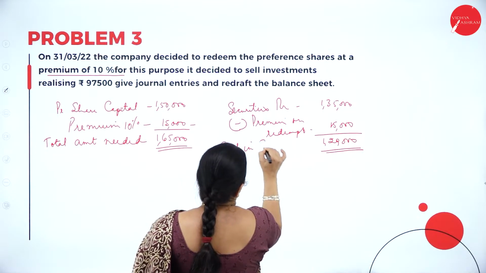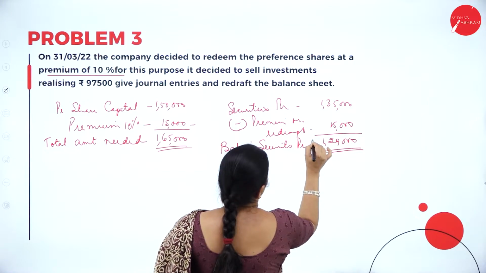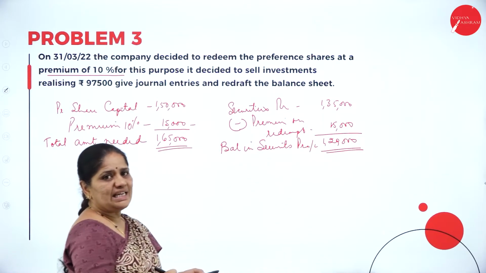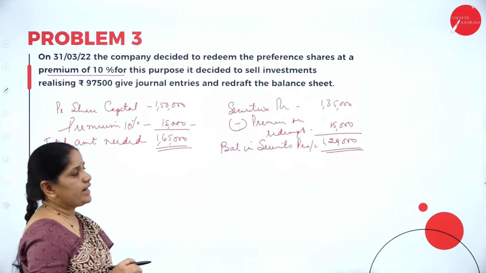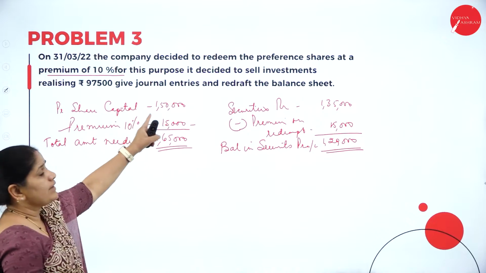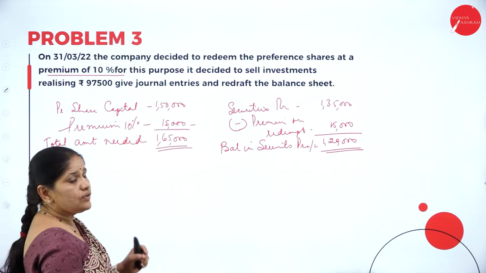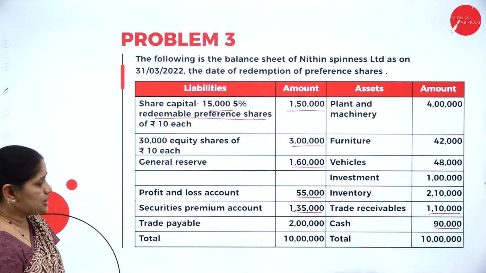Balance in securities premium account 1,20,000. So this premium money we have already provided out of the securities premium account. Now we need 1,50,000. So for this 1,50,000, again we have to see the balance sheet here.